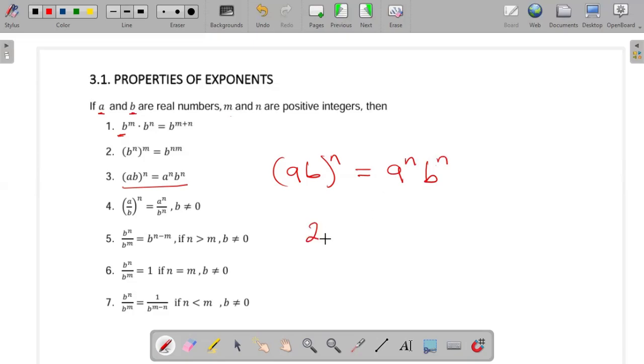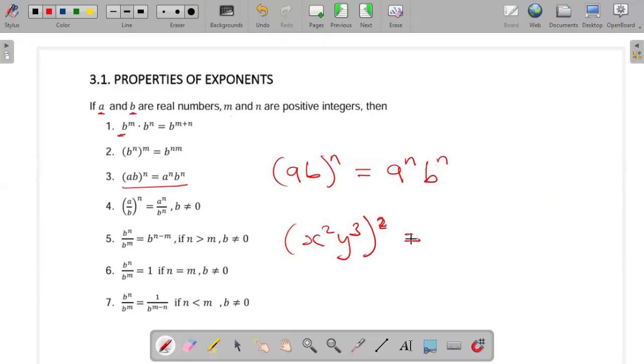Taking an example, let's say we use x. If I have x to the power 2 and I have y to the power 3 like this, then I have a 2 outside here.